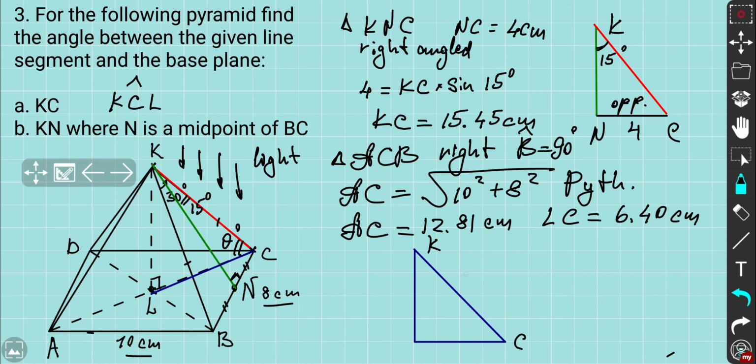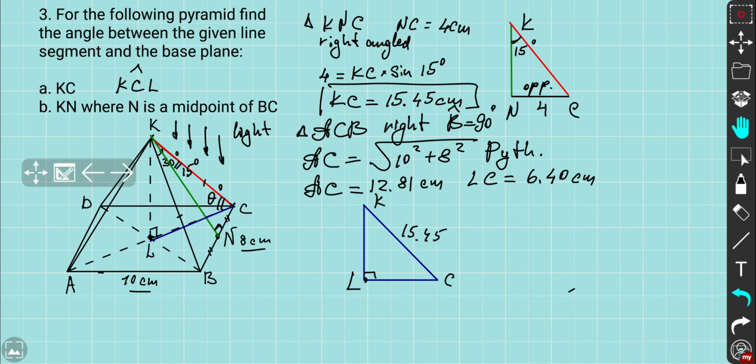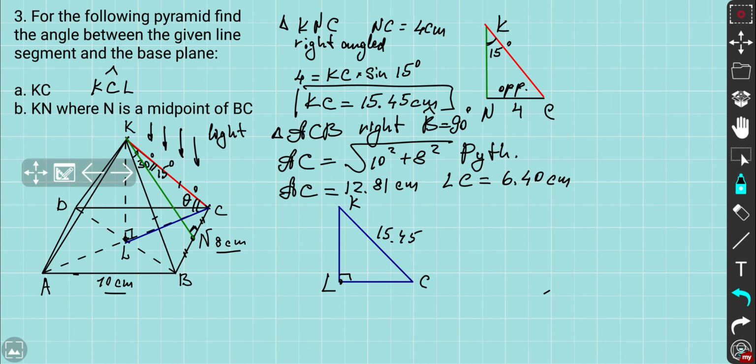We found it, it's 15.45 centimeters. And then we also found LC, which is here, and this is a right angle. LC is 6.4. Okay, so we need to find angle theta.